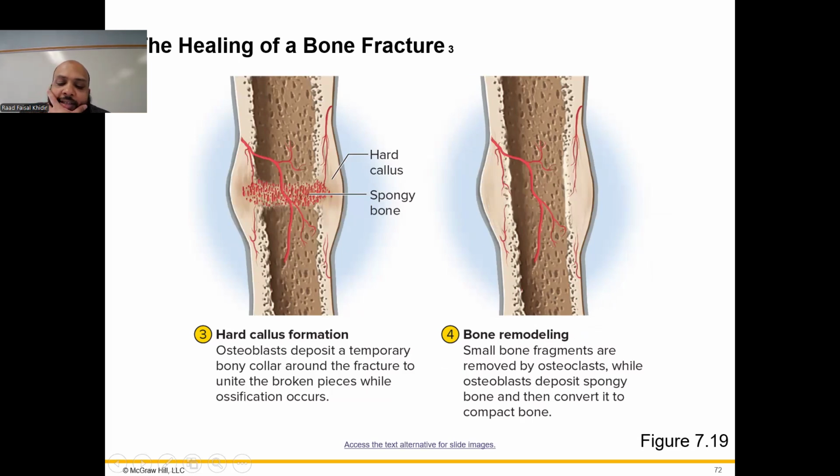Then hard callus is going to form where osteoblasts deposit a temporary bony collar around the fracture to unite the bone pieces while the ossification is occurring. And lastly, small bone fragments are removed by osteoclasts while osteoblasts deposit the spongy bone and then convert it to compact bone.